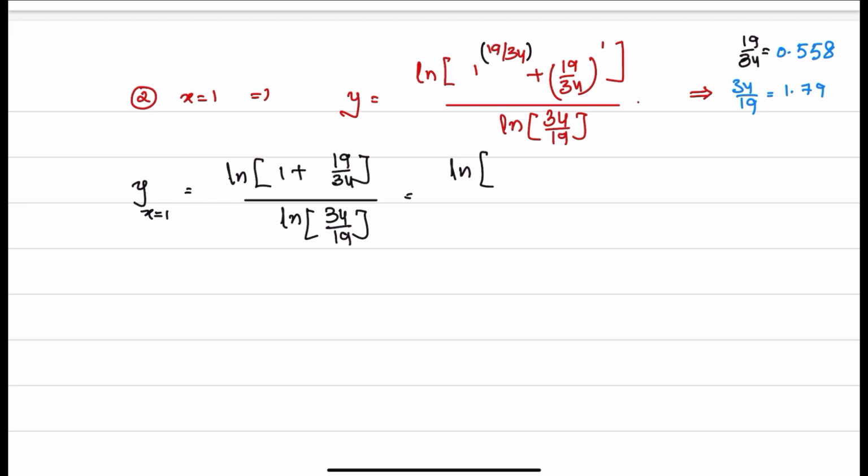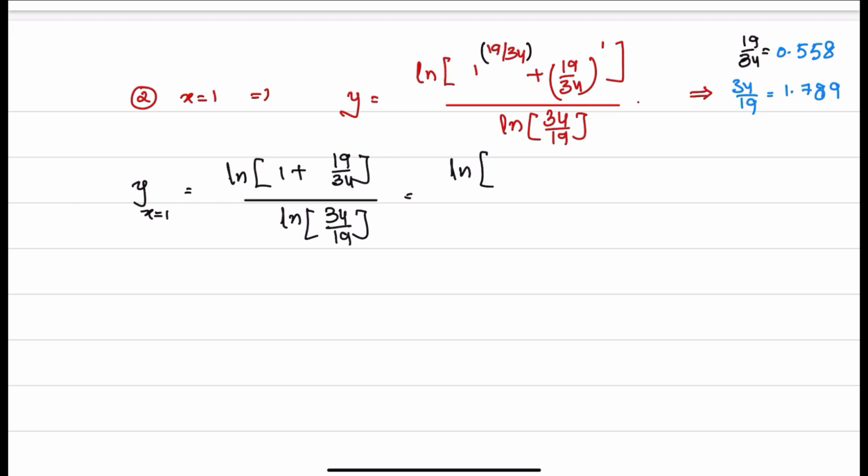Up to 3 digits it can be 1.789. We can easily find out without a calculator.